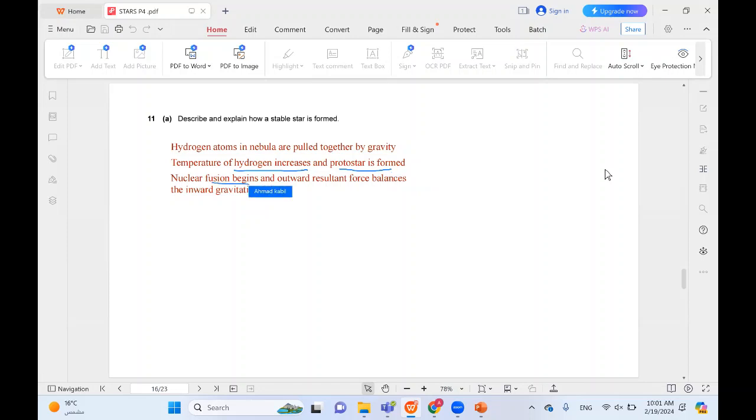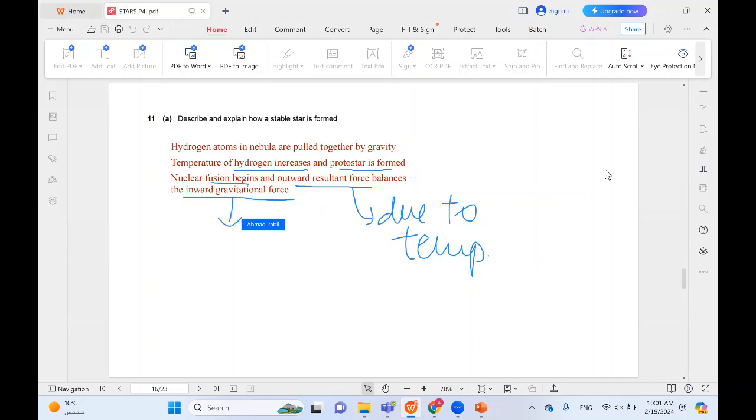Nuclear fusion begins, and the outward resultant force, which is due to temperature, balances the inward force, which is due to gravity. So when the force due to temperature balances the force due to gravity, we get a stable star.